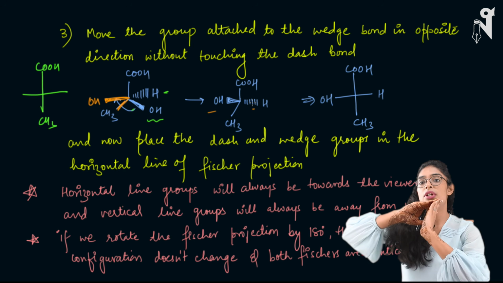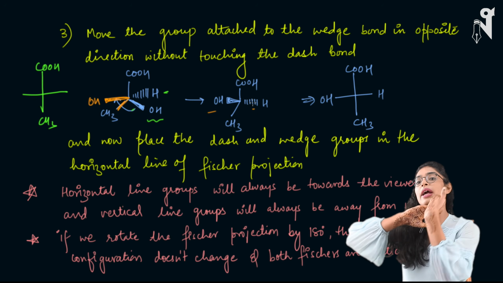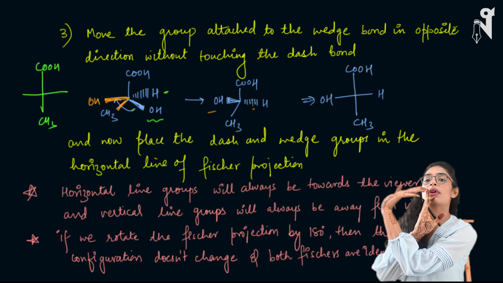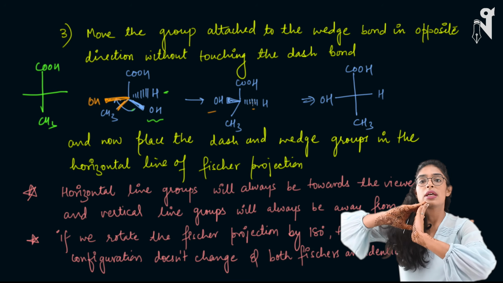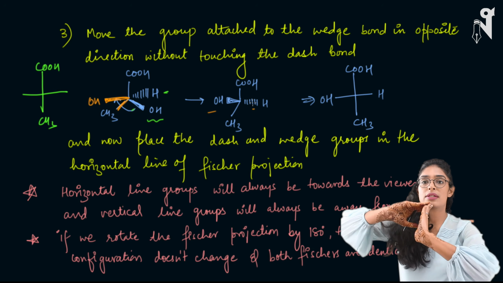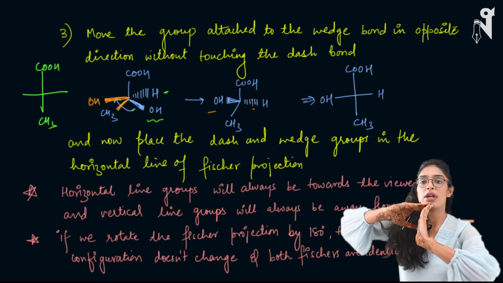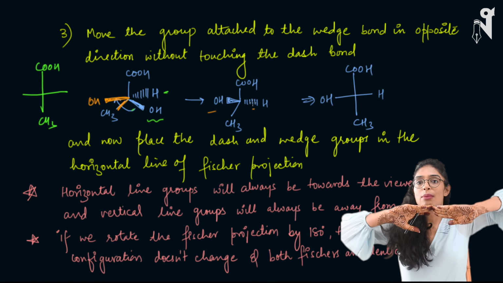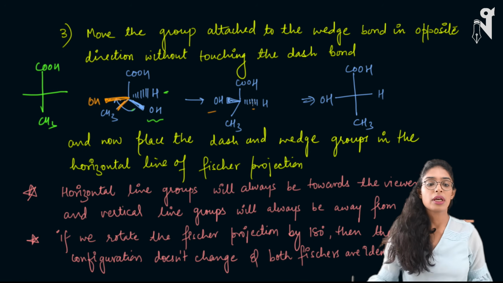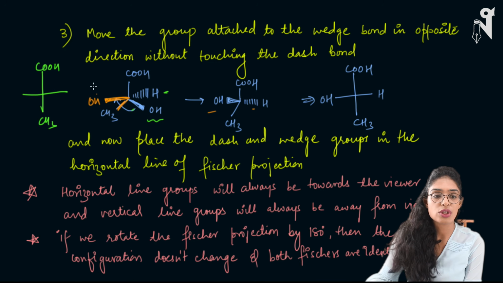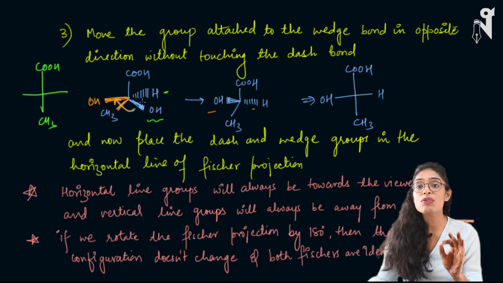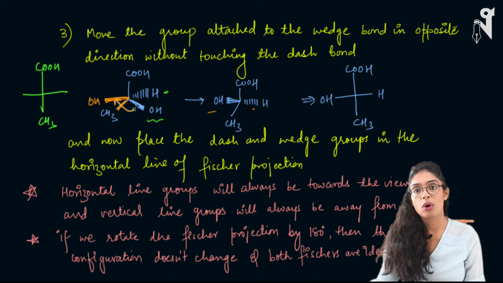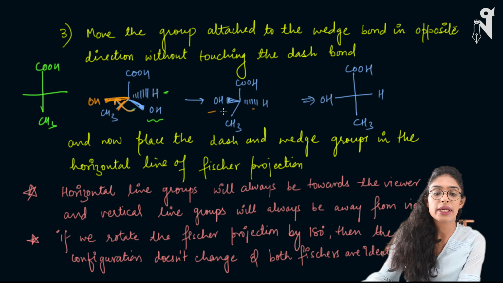I'm not going to cross my dash and put my bond the other way around. That's not what I'm trying to do. This is my wedge, this is my dash. I'm just moving the wedge like this, opening the bond. When I'm opening the bond, I'm moving my OH from one place to another. I'm not touching my hydrogen at all, I'm not touching anything which is present on the dash at all. So when I move this, it will open like this.